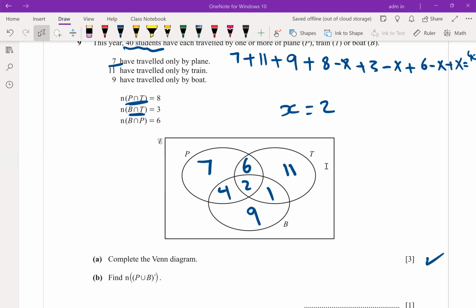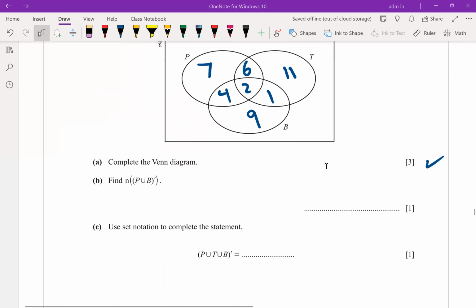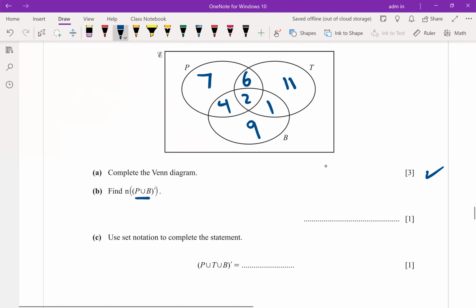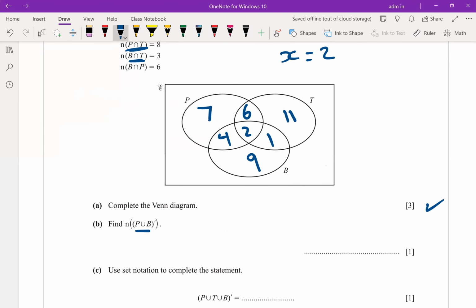Complete the Venn diagram. Find n of P union B, all complement. How do we get P union B all complement? I will shade it, then we will count. Where is P? This part.